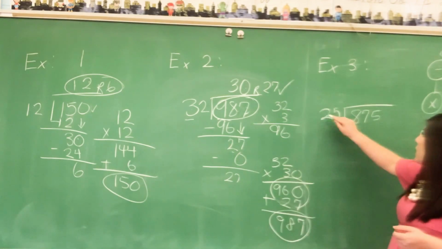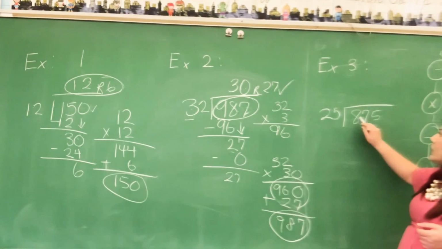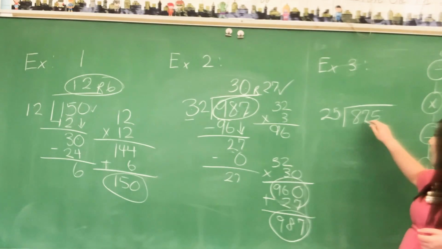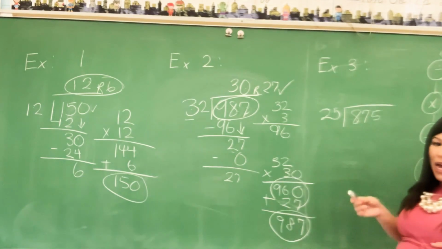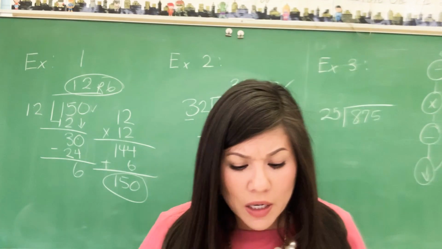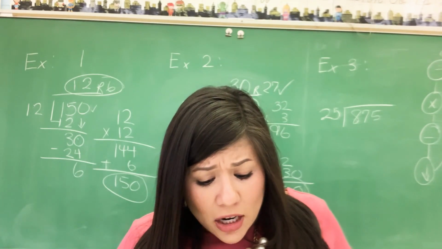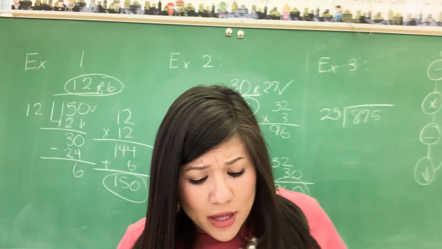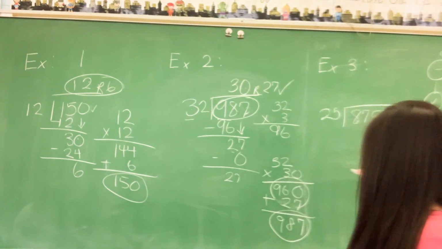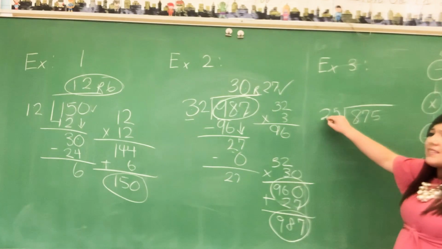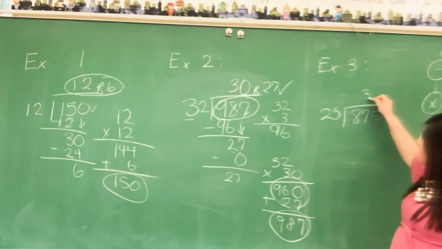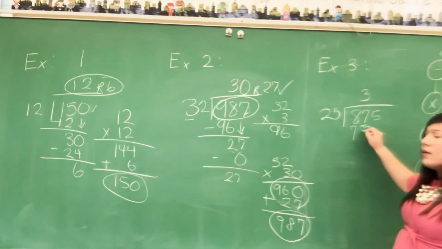Think to yourself, how many times does 2 go into 8 here? It goes in 4 times. However, what I want you to see here is 875 divided by 25. You can think to yourself, 25 times 3 would give you 75.